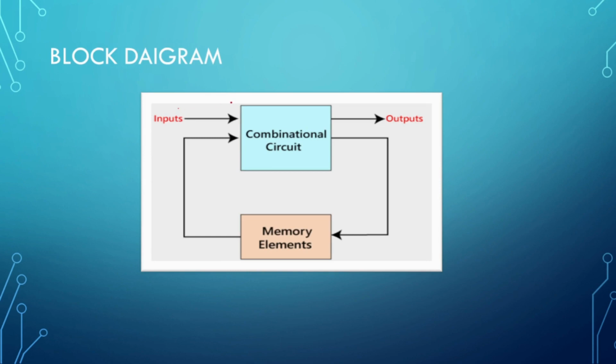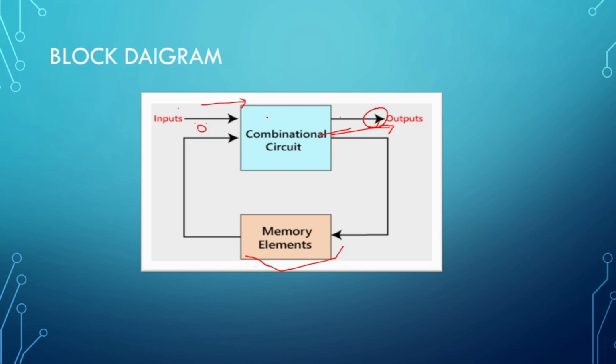The input is connected with the combinational circuit, and the combinational circuit is connected with the memory element to provide an output. First, if you give any input as 0 or 1, it will provide an output, and our next output is based on the previous output.